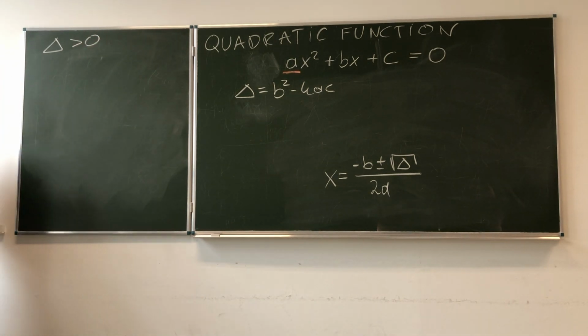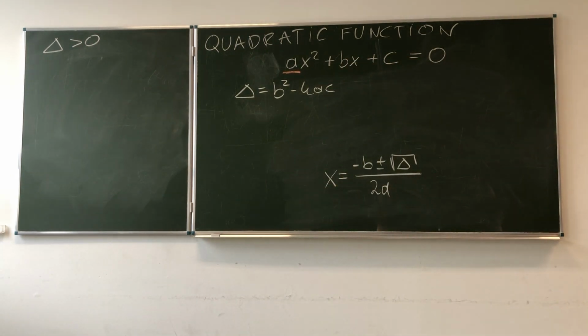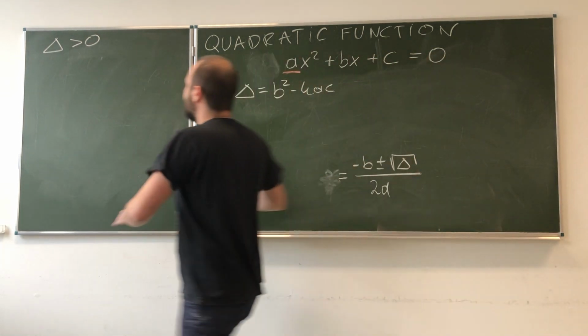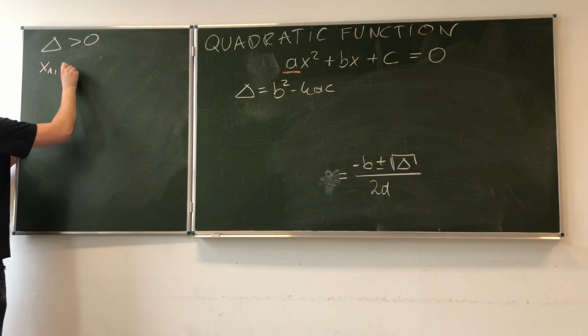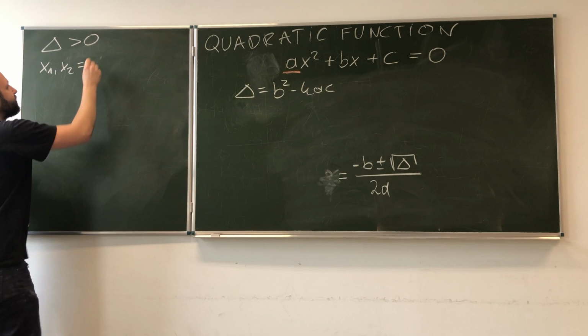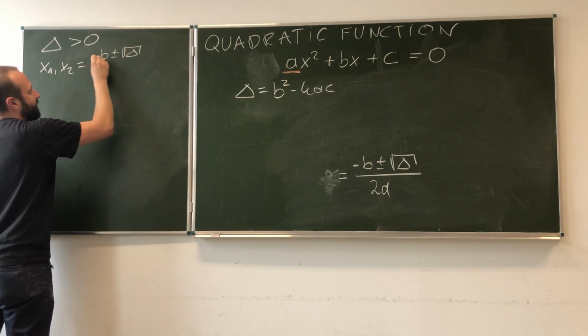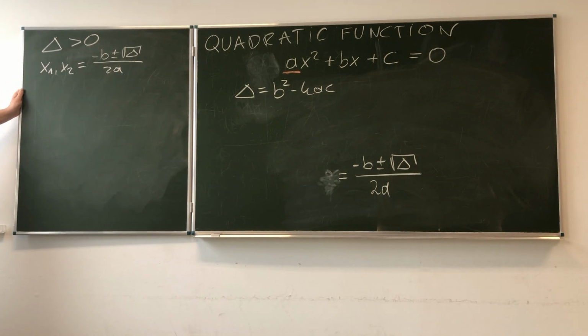Well, if delta is a positive number, we can easily apply this formula, and look, what will we get? We will get two solutions. So, let me rewrite this a little bit. So we will have x1 and x2, and they are equal to negative b plus minus square root of delta over 2a.